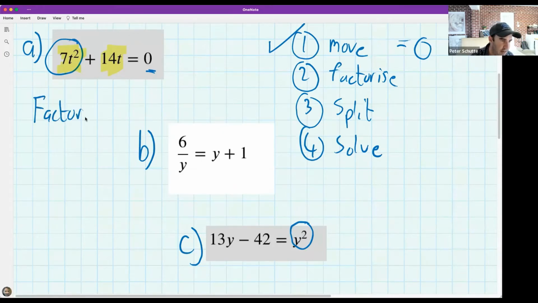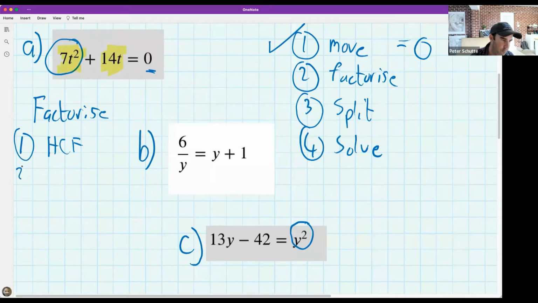If we look at factorization, the first technique we use is what's called common factor, or highest common factor is maybe another way of saying it. Now, you may have heard of that before, you may not. I will show it to you now. So that's the first thing you check. Is there a highest common factor that I can take out that exists in these two terms?